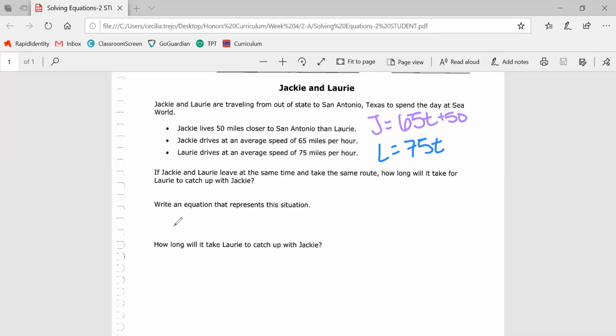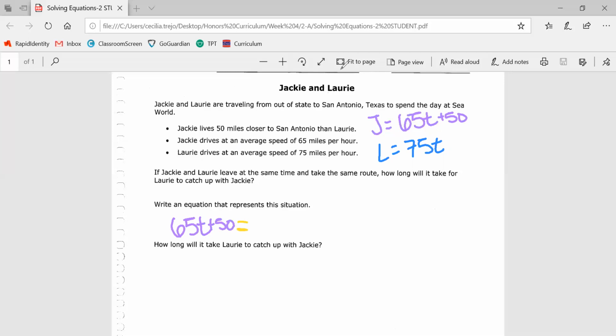So I'm gonna start writing. I'm gonna put on the left side of the equals, and I'm gonna do the equals in this pretty canary yellow, okay? So I'm gonna go to the left side of the equals, and I'm gonna add Jackie's information. So I'm gonna put here 65t plus 50.